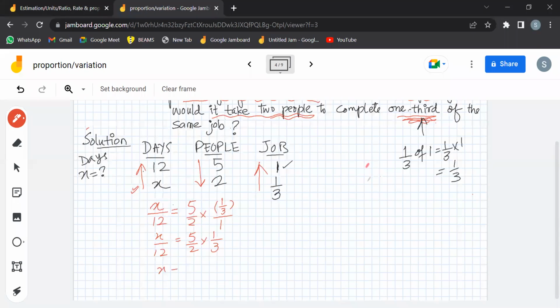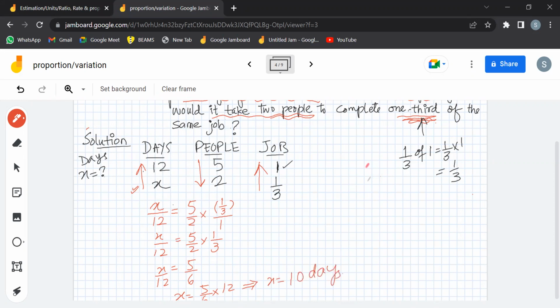So x is equal to 5 over 6. And finally, the answer is 5 over 6 multiplied by 12. So x is equal to 10 days.